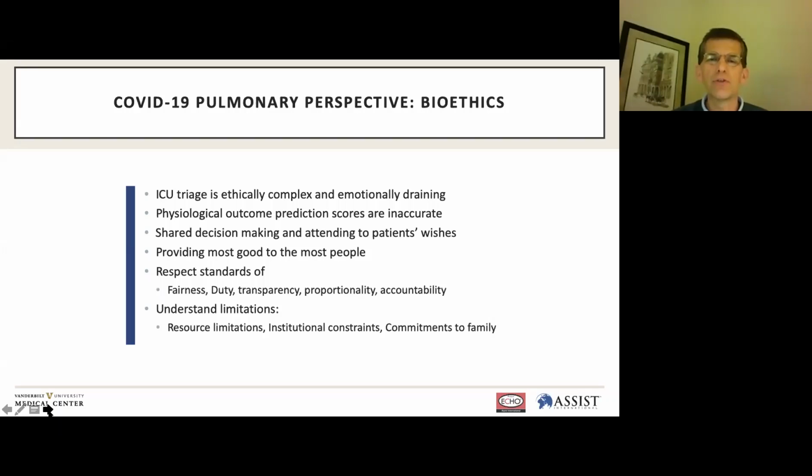Providing the most good to the most people is the goal. And so we respect standards of fairness, duty, transparency, proportionality, and accountability. I think these ethical standards are really essential. And we have to understand the limitations of our resources, of the institution, and our commitments to the family remains the priority. Next slide, please.